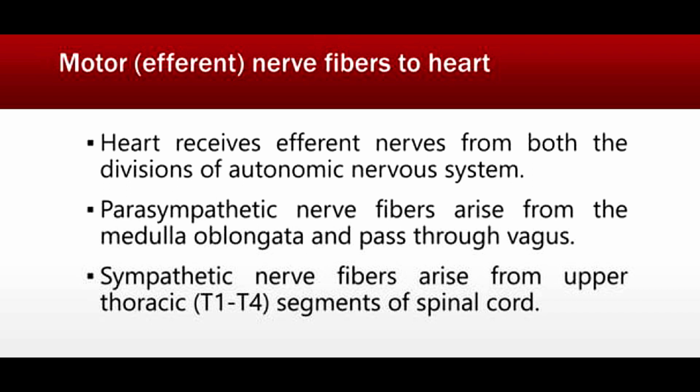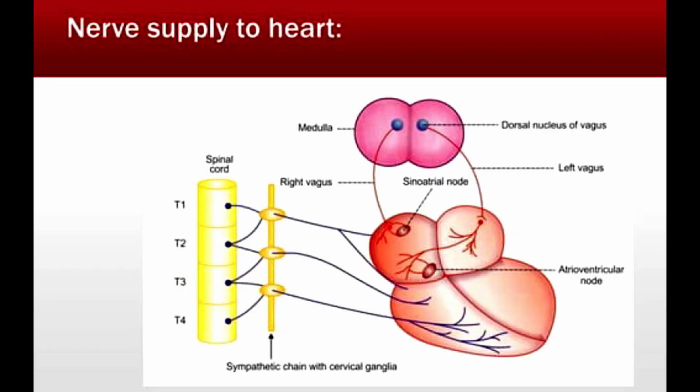The heart receives efferent nerves from both divisions of the autonomic nervous system, that is the sympathetic and parasympathetic nerves. The parasympathetic nerve fibers arise from the medulla oblongata and pass through the vagus nerve, whereas the sympathetic nerve fibers arise from the T1 to T4 segments of the spinal cord.